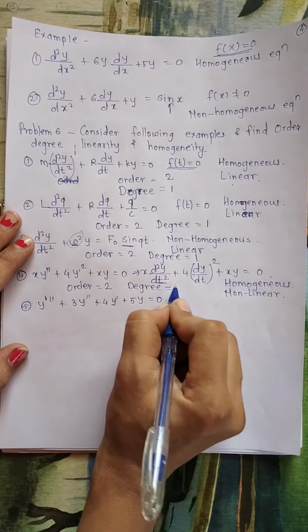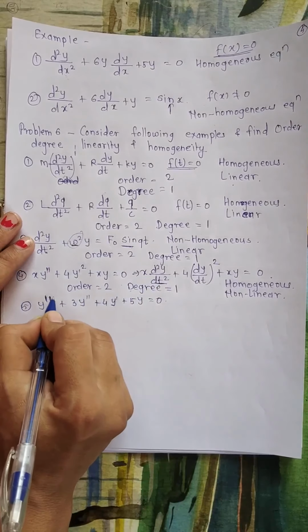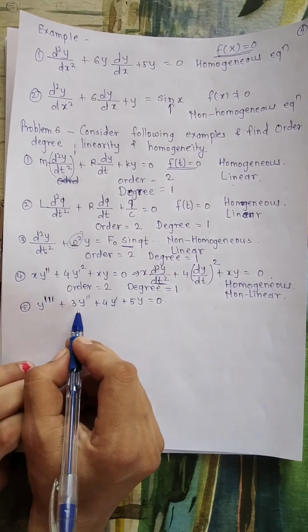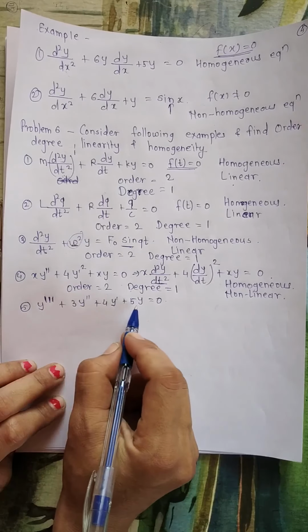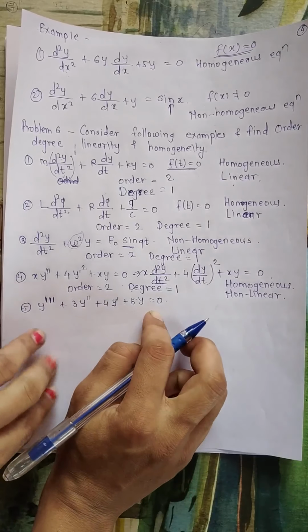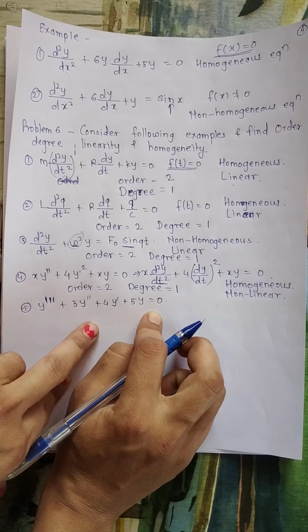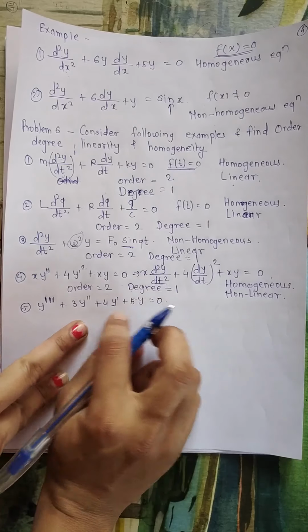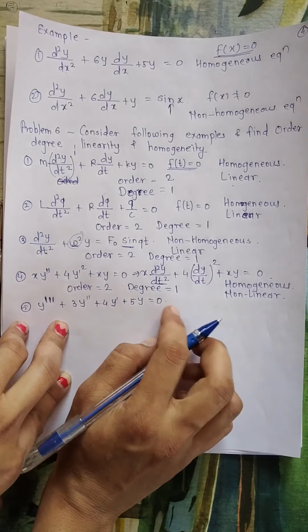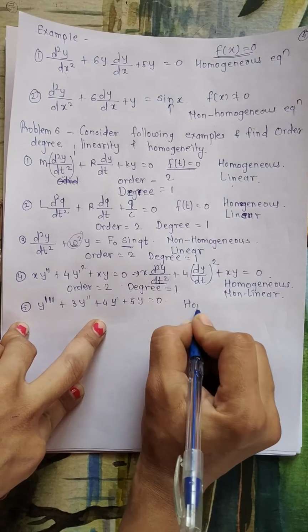And the fifth example is y triple dash, that is the third order derivative, plus 3y double dash plus 4y dash plus 5y equals 0. Now here again t is the independent variable, and there is no term which contains t. So this is also a homogeneous differential equation.